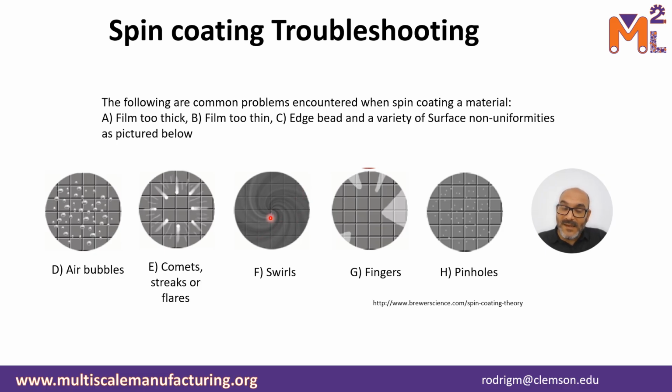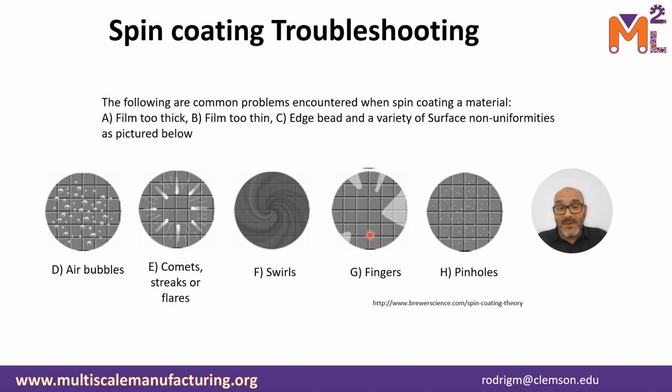Here, the layer of solvent is evaporating too quickly, and basically you froze the photoresist during the spinning process. Here you can see a really nice pattern of this swirl. The solvent evaporated prematurely, so now it's too viscous, and the centrifugal forces cannot move that photoresist anymore.